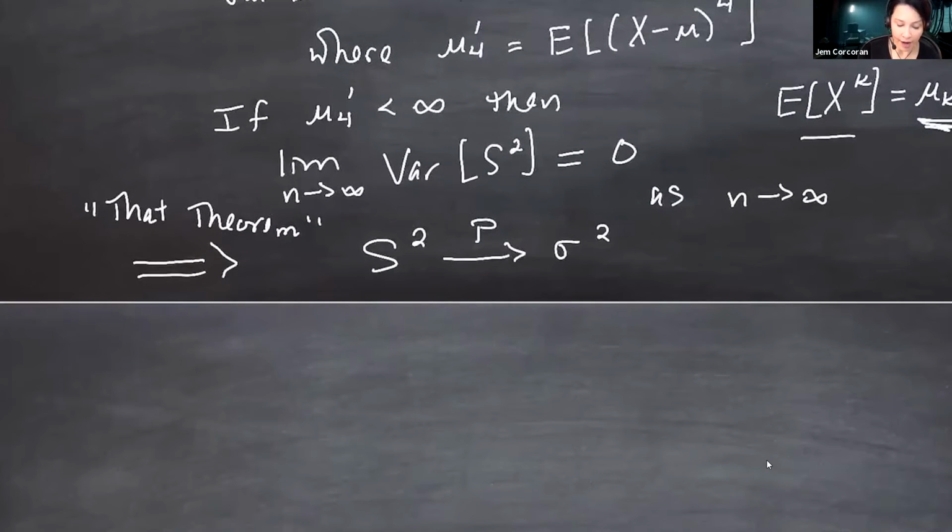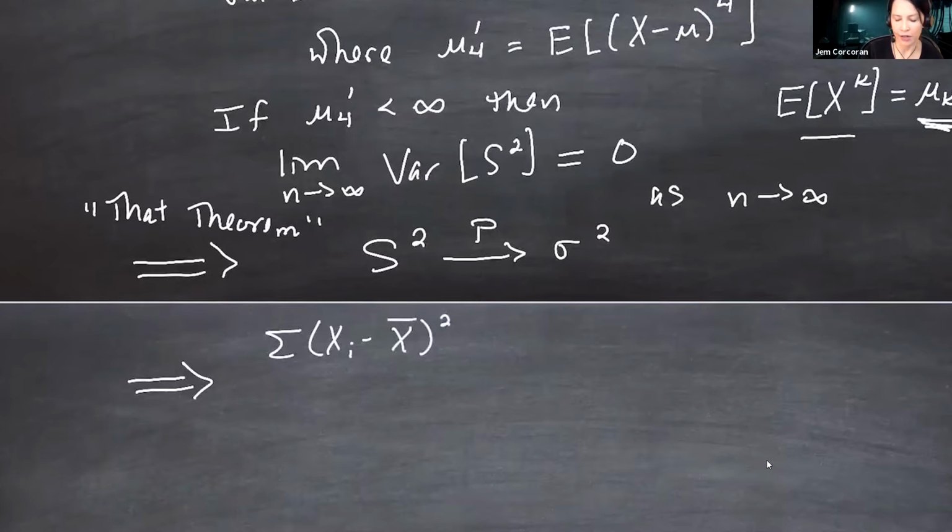It also implies that the biased version of s squared, so the sample variance that a lot of people like to use because it just feels weird to divide by that n minus 1. You're trying to compute an average squared deviation from the mean. So this is the other version of sample variance, and this is n minus 1 over n times our version.